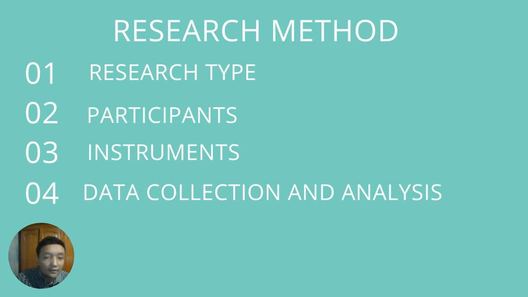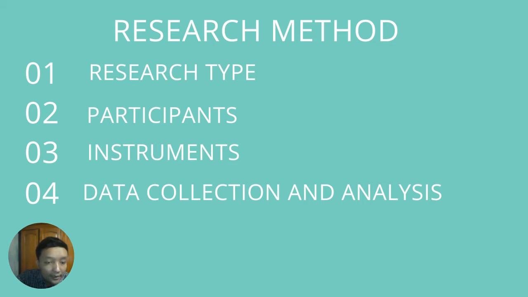Next, research method. Research type: this study used a qualitative research type with descriptive design. Participants: the study used 3 subjects with high, medium, and low spatial intelligence levels. The subjects were selected using purposive sampling techniques.